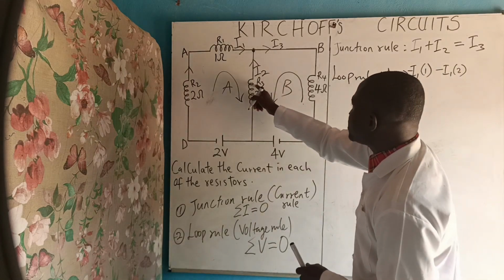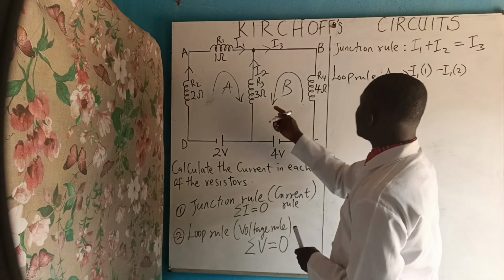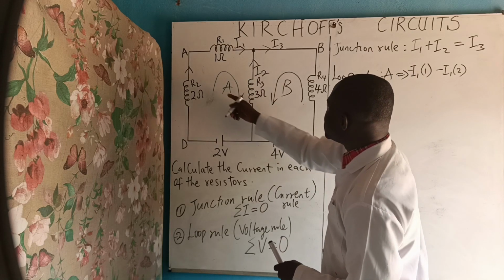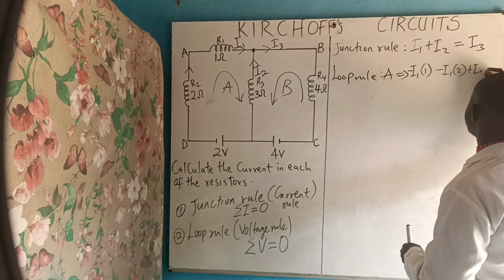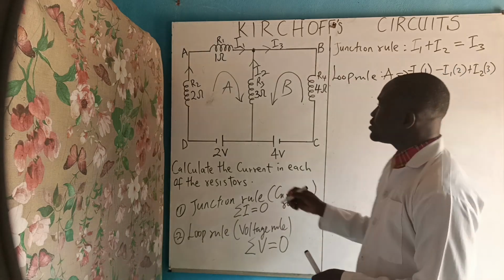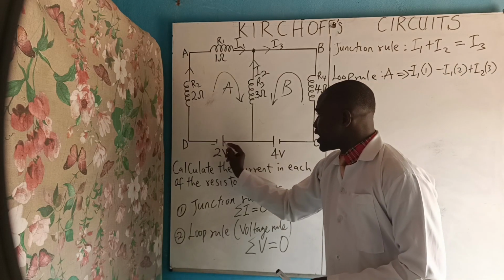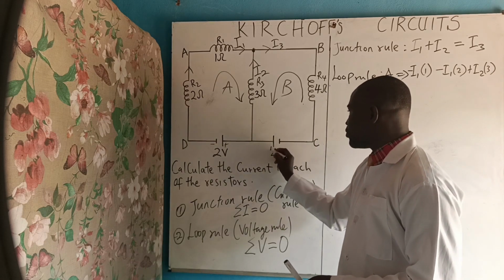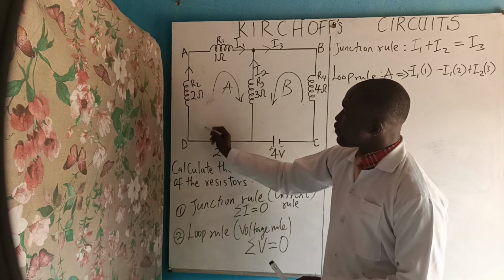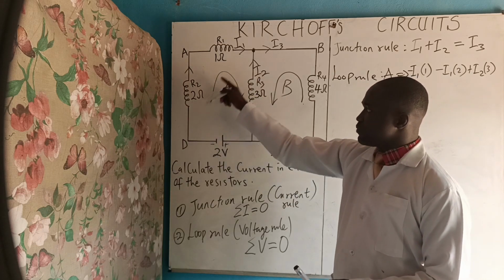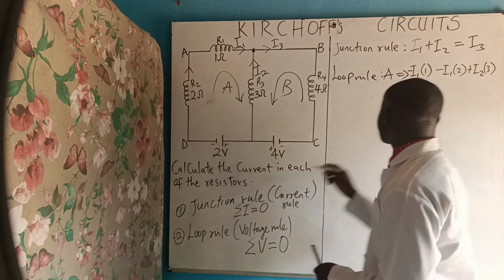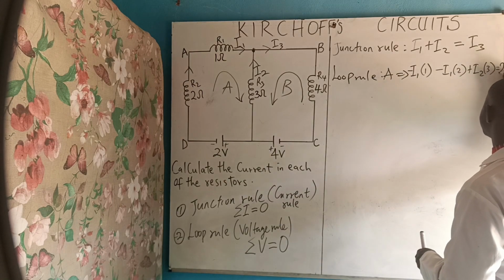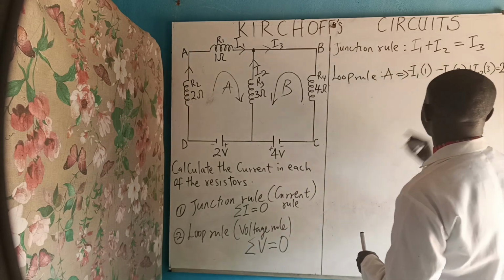Then this one is of opposite direction, so plus I2 times 3. Then this is the negative terminal and this is the positive terminal of the battery. Once it's moving from negative to positive, like from here to here, the implication is that this will be positive. So this is equal to 2.